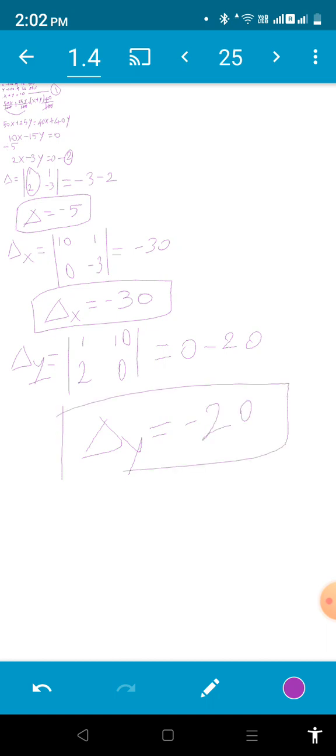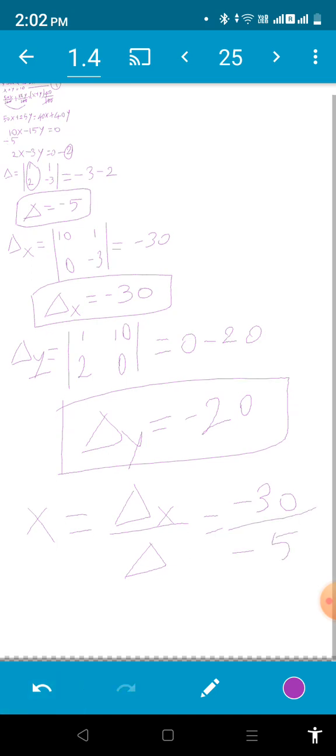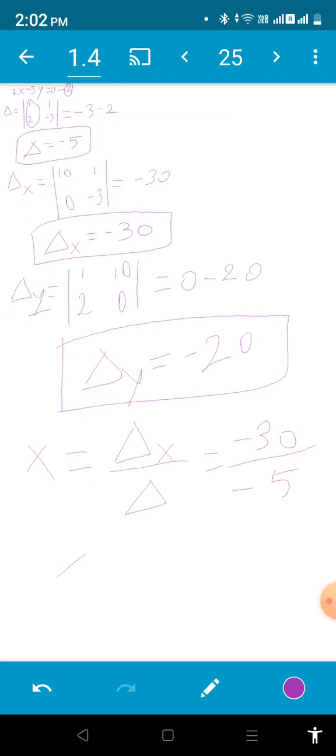From these I get the x value. We know x is equal to delta x divided by delta, so minus 30 divided by minus 5. The minus signs cancel, and I get x equal to 6.